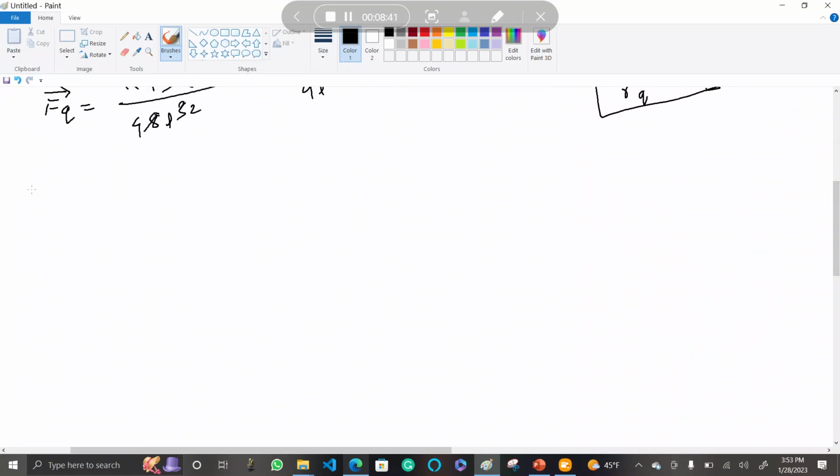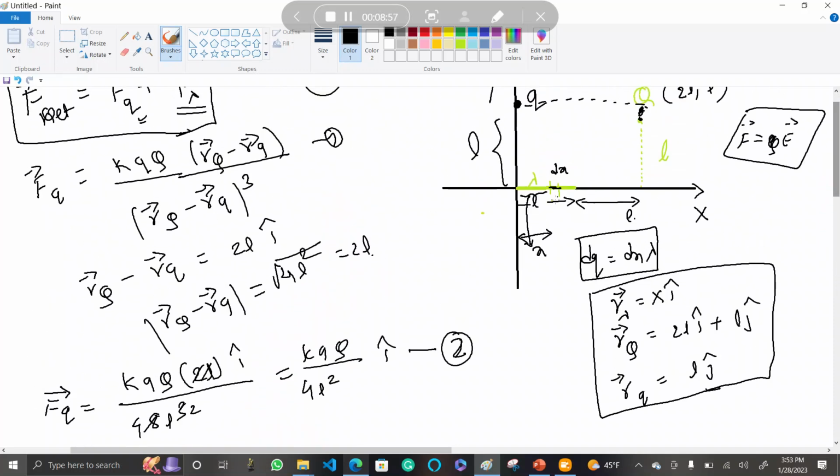So calculation of electric field at Q. I have supposed here a small charge element which has charge dq. First I calculate the electric field because of this small charge which is at that distance.